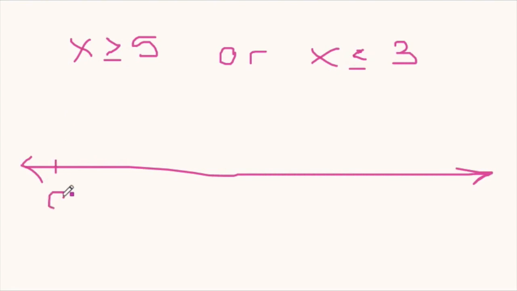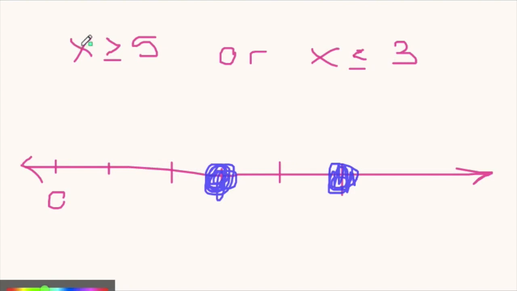If this is 0, 1, 2, 3, 4, 5, greater than or equal to 5 is going to be 1, 2, 3, 4, 5. Now that is going to be closed. X is less than or equal to 3. 3 and less than or equal to is going to be 1, 2, 3 right here, and also a closed circle.